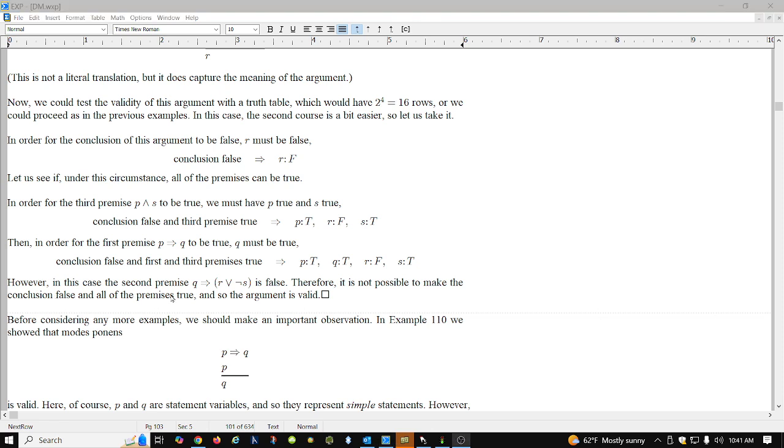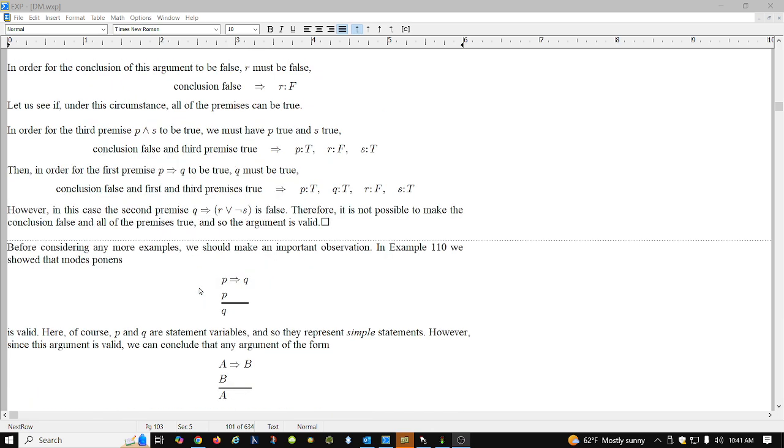Before I do some more examples, I want to make an observation that's quite important. Here is modus ponens. P implies Q, P therefore Q. We know it's valid. P and Q represent simple statements, but they could also represent compound statements.